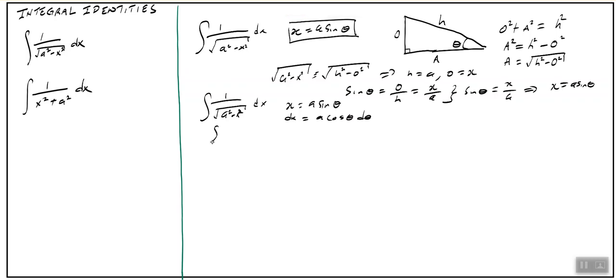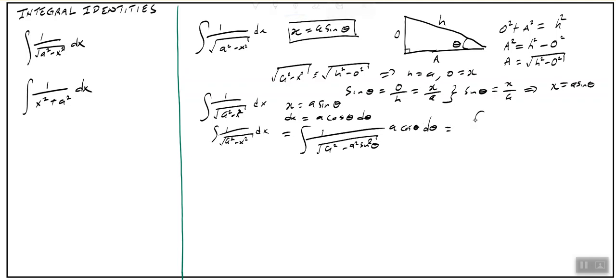Therefore, we're going to substitute that into this a squared minus x squared dx. Wherever you see x, you're going to put a sine theta. So instead of having x squared here, you have a squared sine squared theta. And instead of dx here, you're going to have this a cosine theta d theta.